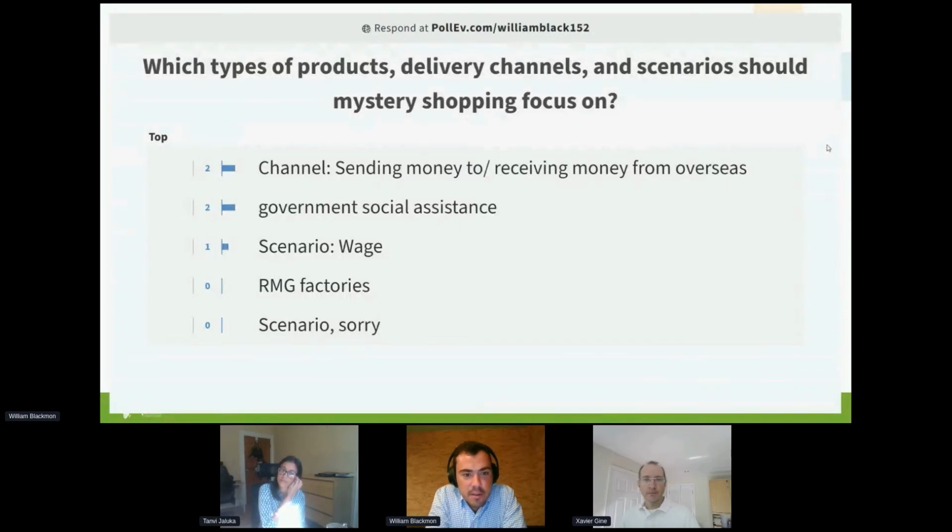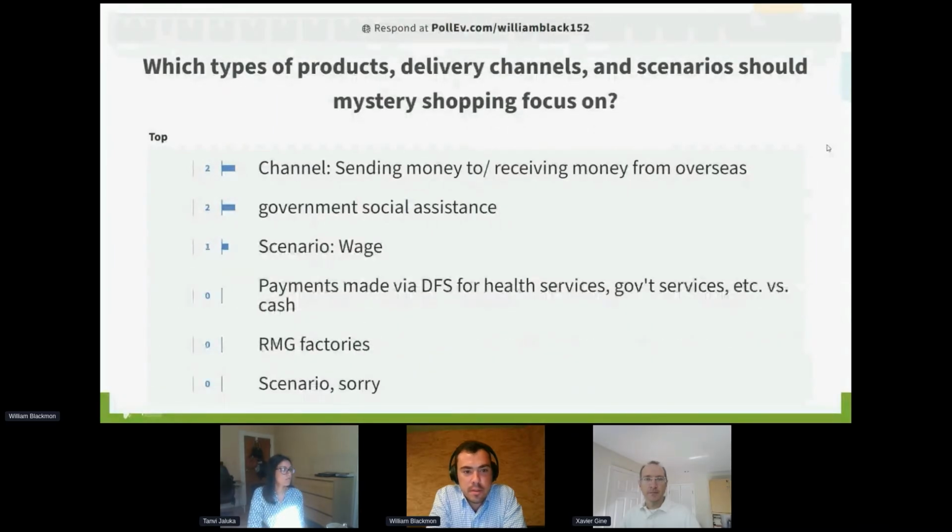Interesting to hear about wage payments as a scenario, similar to government assistance programs, payments made via DFS for health services, government services, etc., versus cash. I'm not sure what RMG factories is. I apologize, this is ready-made garment factories.